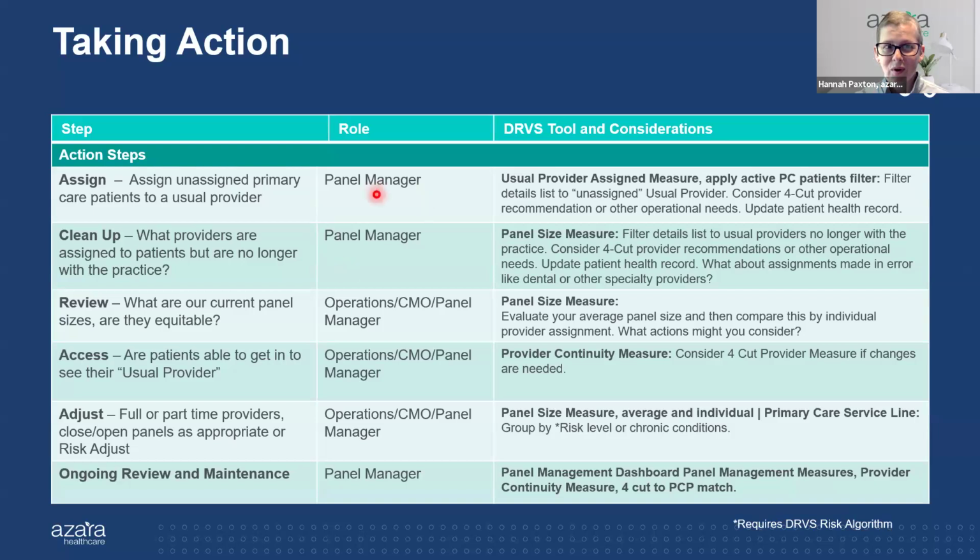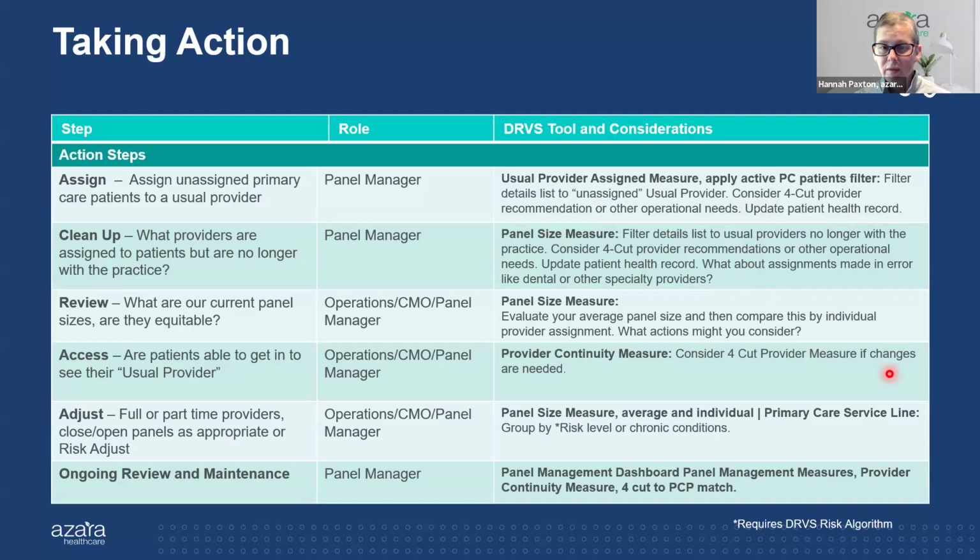So first, you can use your usual provider assigned measure to look at how many patients do not have a usual provider assigned. As you're cleaning up, you'll use your panel size measure to make sure that patients are with the right PCP and panels are balanced.